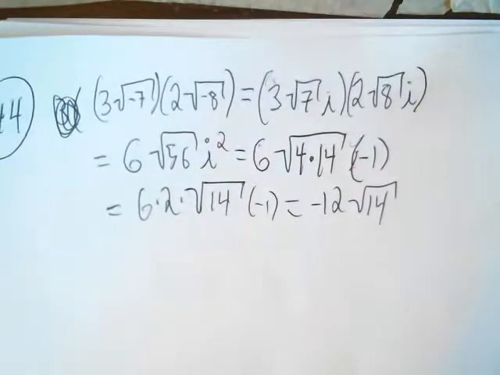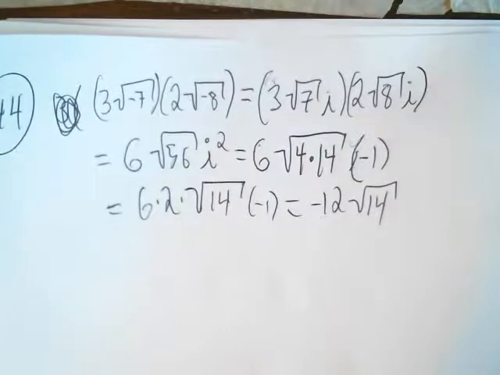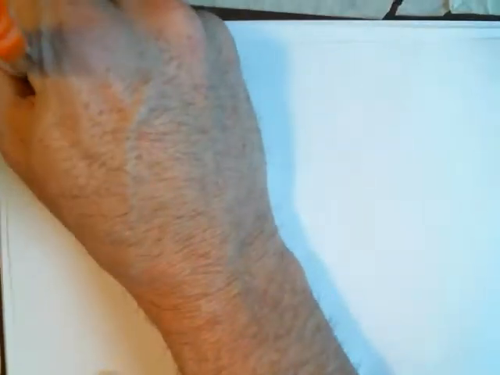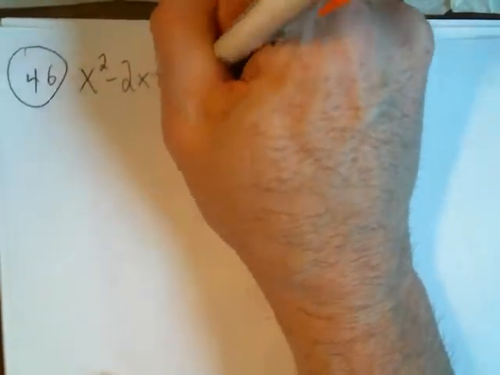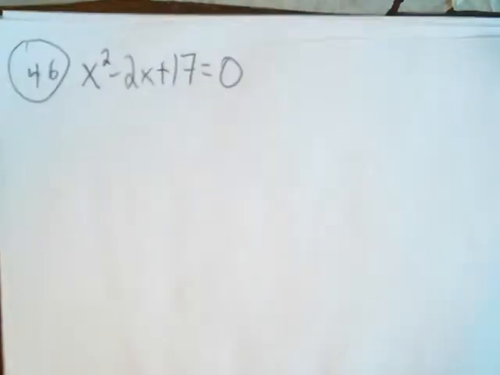Okay, so finally now we see the quadratic formula. So we're solving these quadratics. You set them equal to 0, so I have x squared minus 2x plus 17. It's all set up for me and ready to go.